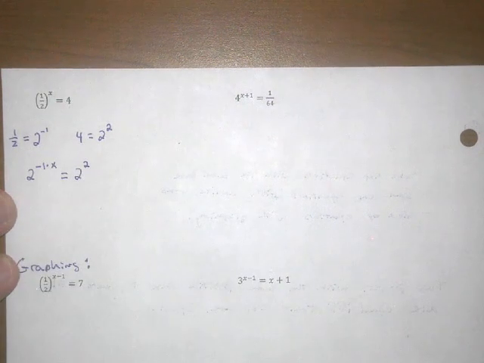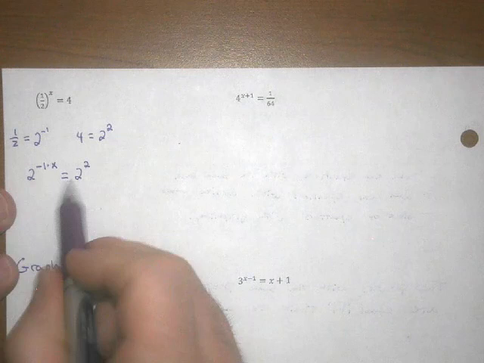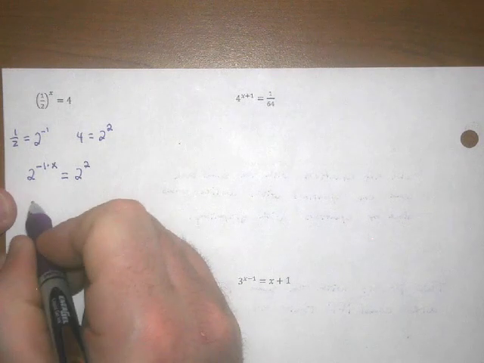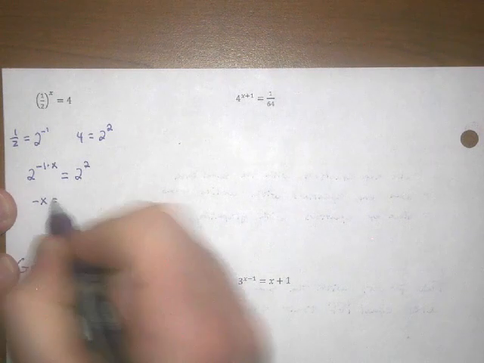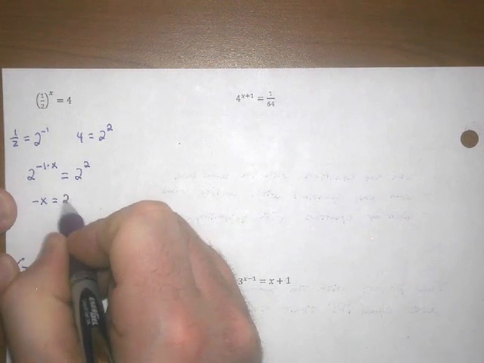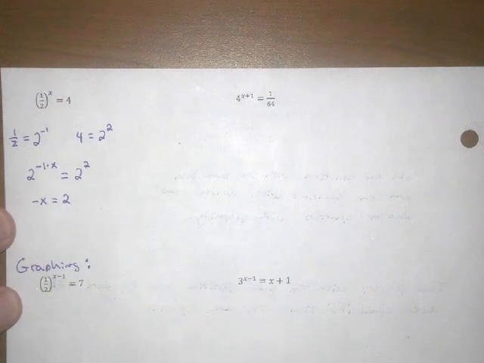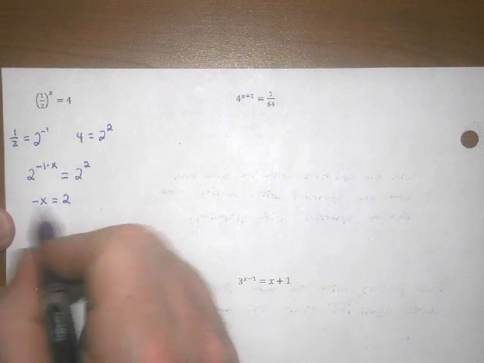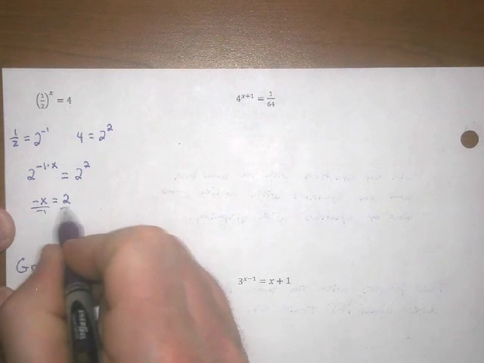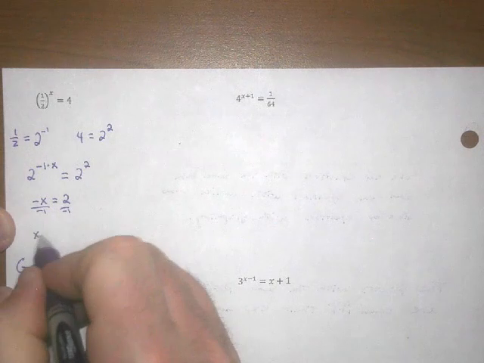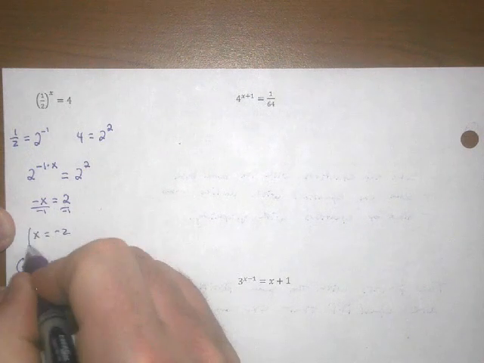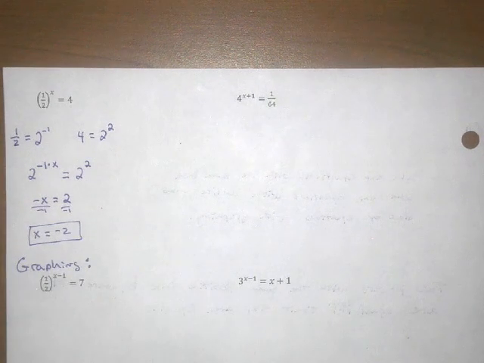So actually I could have just had it as a minus x. All that equals, and then 4 is 2 to the second. Bases are the same, so I'm going to clean this up. So I'd have just minus x has to equal 2. And then again we need an x by itself, so we divide by minus 1, divide by minus 1, and x comes out to equal minus 2.